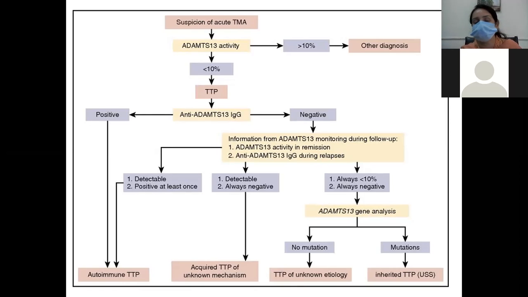And third, if it is always less than 10% and always negative, then there will be ADAMTS13 gene analysis. If there is no mutation, it means there is TTP of unknown etiology, or this is idiopathic TTP. And if there are mutations, then it will be inherited TTP.